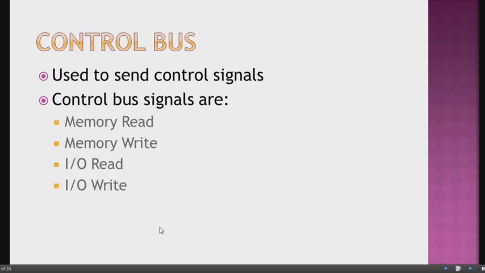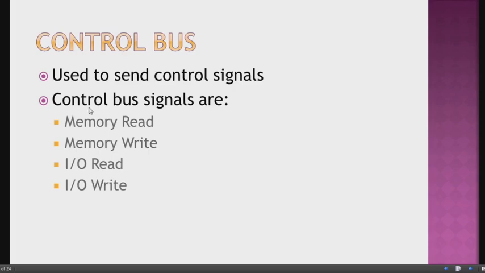For that purpose the control bus has an important function to do. There are different control signals which are sent on this control bus, and with the help of those control signals, who is going to access the data bus is decided. In this way, at a time only one device can access that data bus.